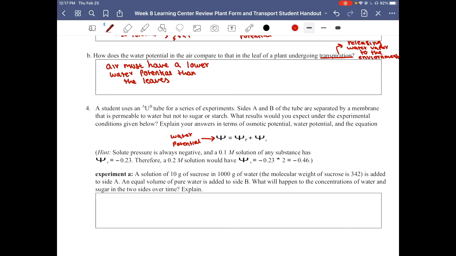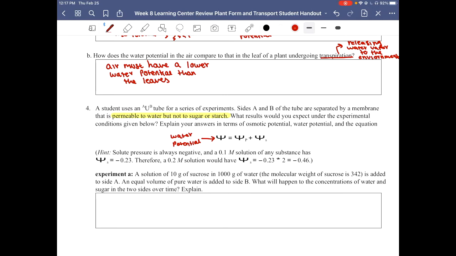Okay, so a student uses a U tube for a series of experiments. Side A and B of the tube are separated by a membrane that is permeable to water, but not to sugar or starch. What results would you expect under the experimental conditions given below?